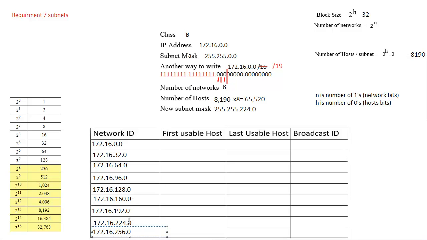So here are the 8 networks finished, but I write this one because it helps me to find the broadcast ID for this network. So what is the broadcast ID for this network? The broadcast ID for this network will be just before the next network.